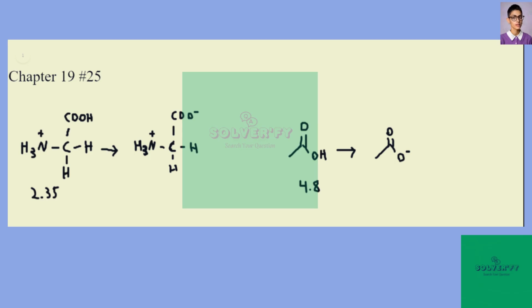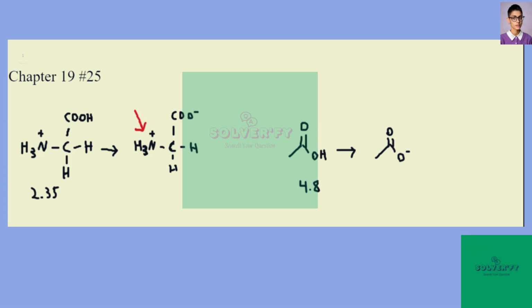Okay, and so basically, the reason that the carboxylic acid of glycine is so much more acidic than the carboxylic acid in acetic acid is because of the presence of this positively charged amine there, the ammonium ion.